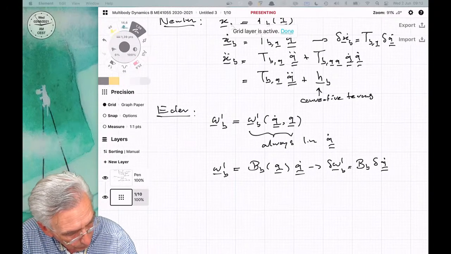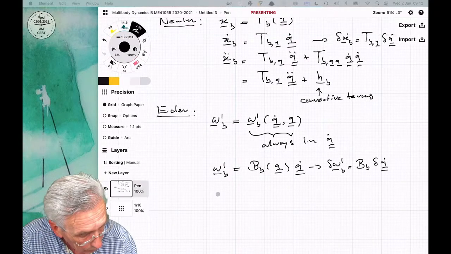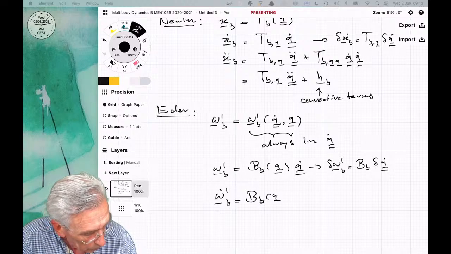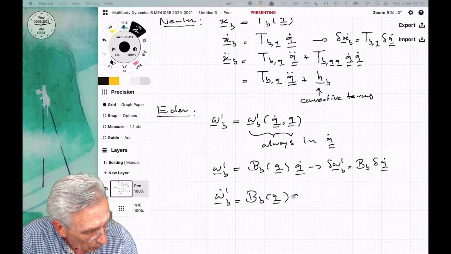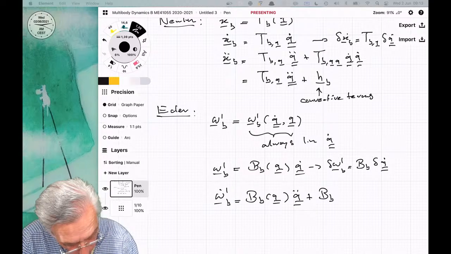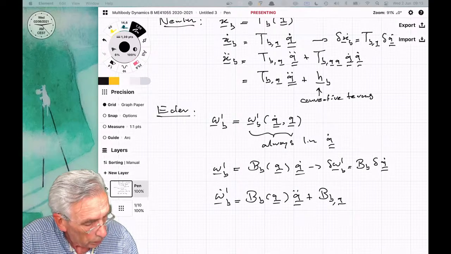Okay, we're almost there, right? Then, oh yeah, I need angular accelerations, B, and that is, well, I keep the first part constant, so I get B Q double dot, plus, and then I get B, B, with respect to Q, right?